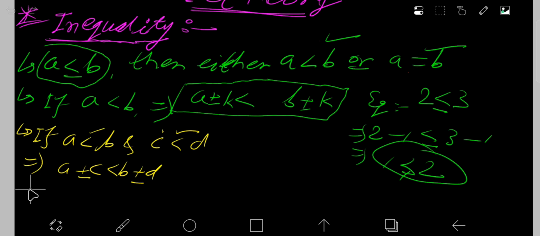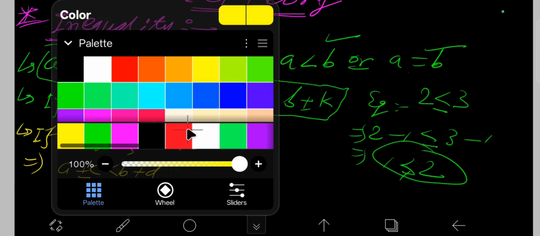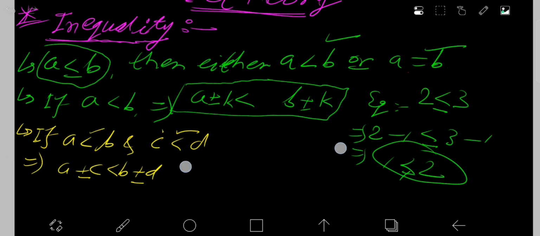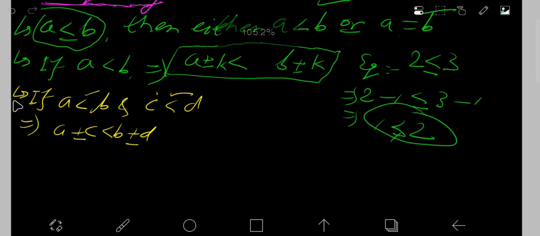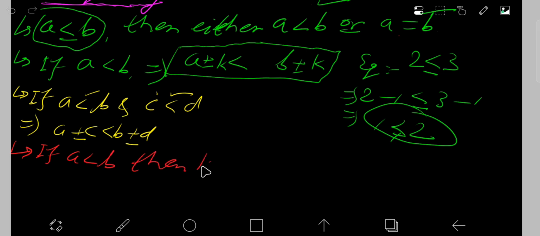Another property, the fourth property, says: if a is less than b, then ka is less than kb, when k is positive.